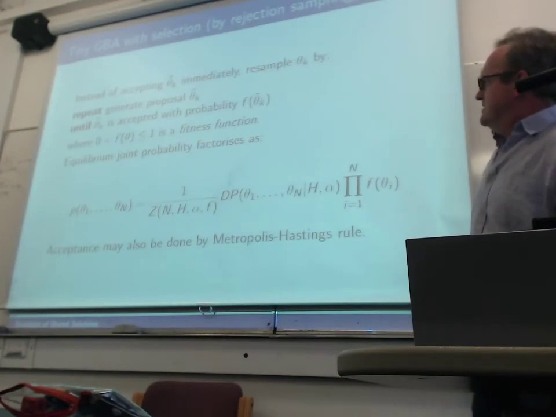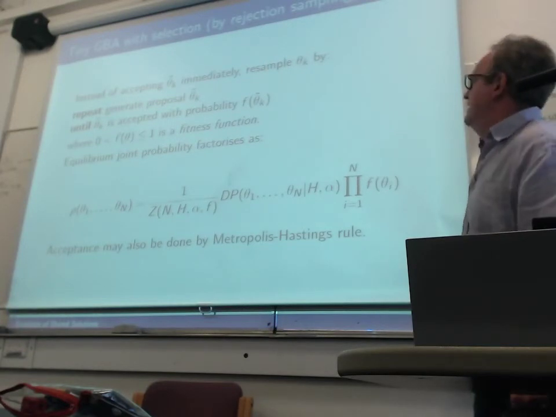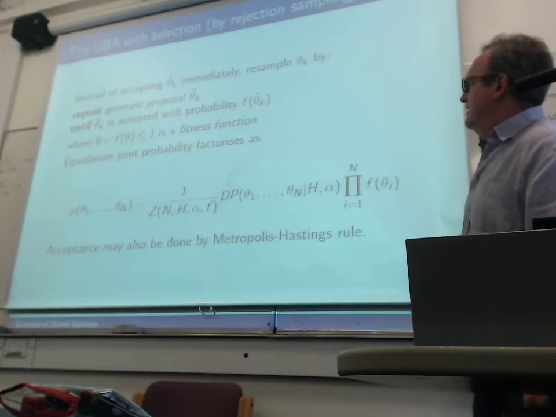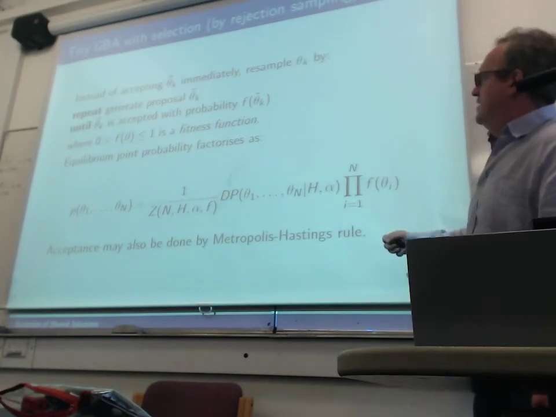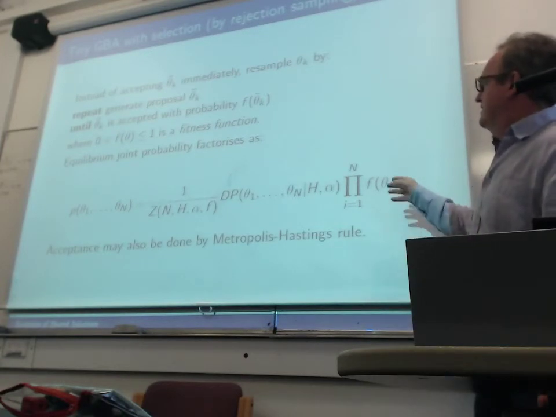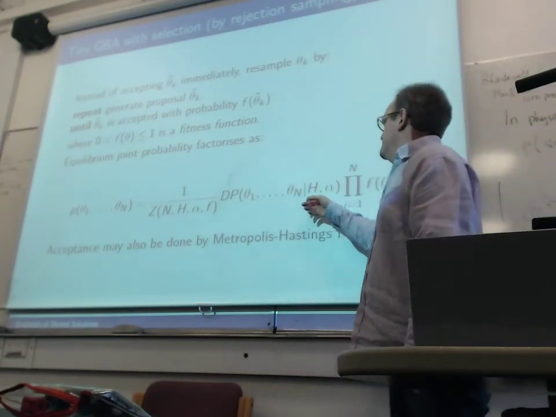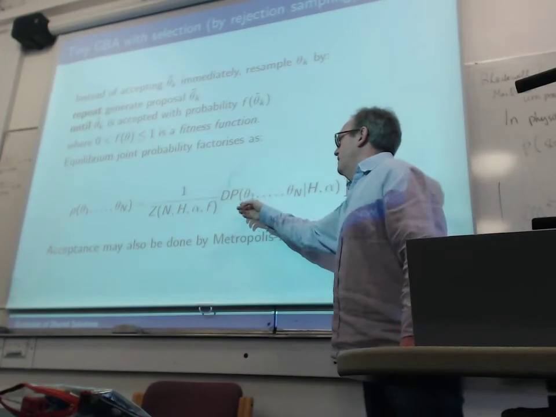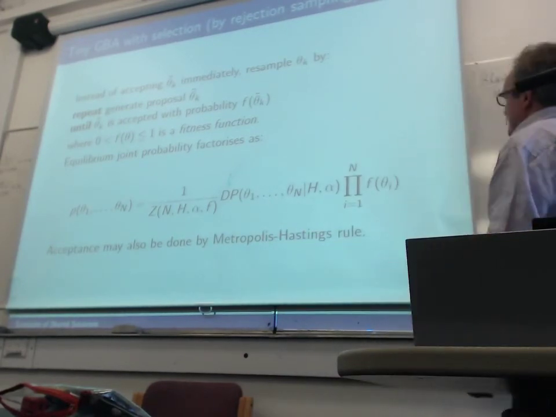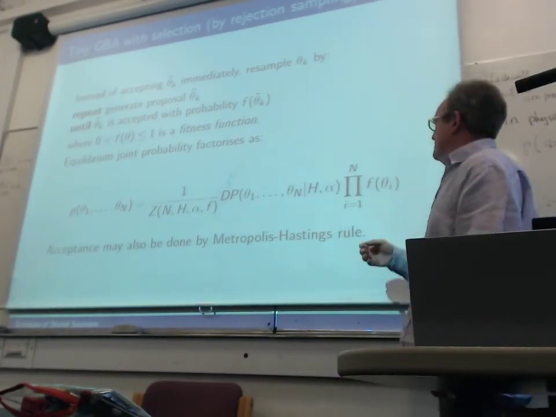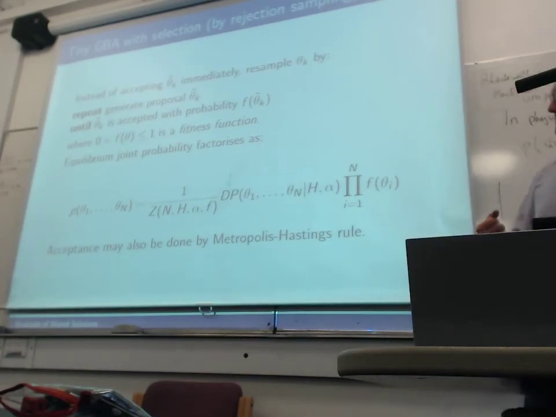And what happens is that we now get a joint probability that factorizes as the probability with no selection times the probability of the fitness functions.